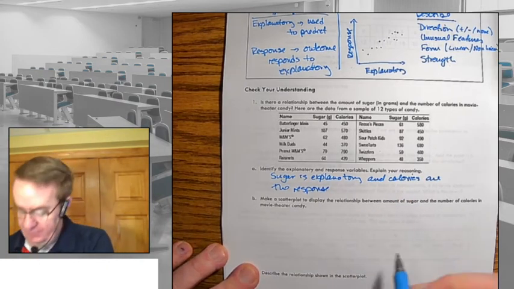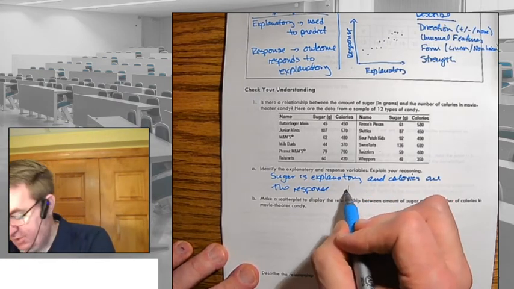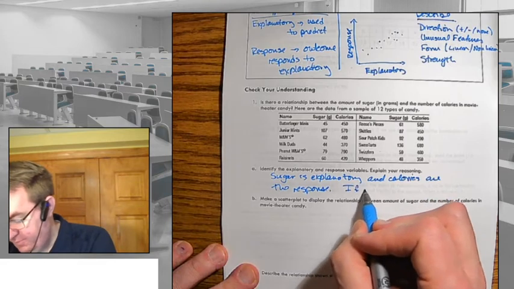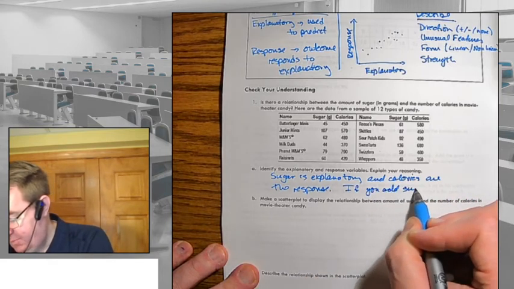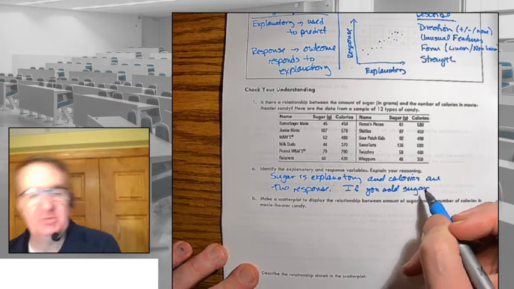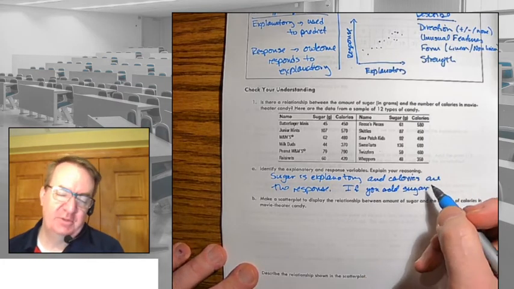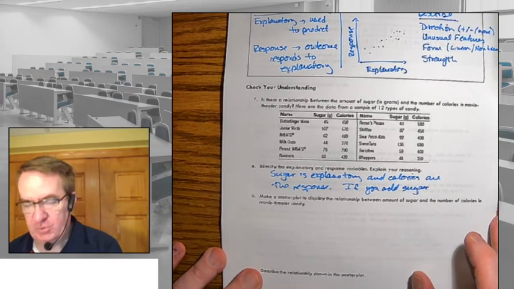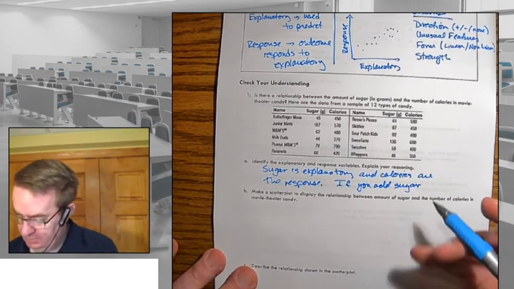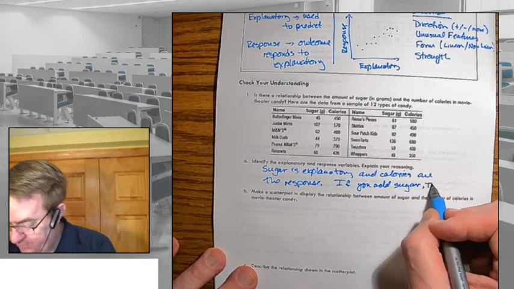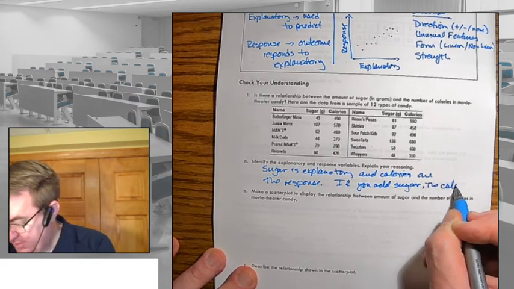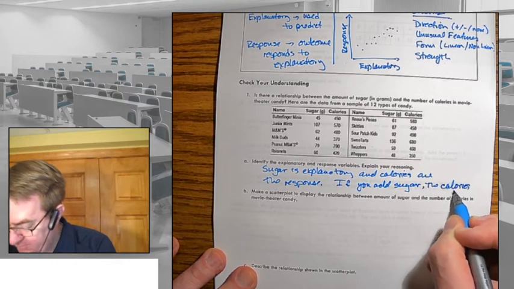Explain your reasoning. What happens if you add sugar? If you add sugar, calories go up. If we make the calories go up, is it because it's sugar? No, there's other things. There's fat. It's the most likely one. Protein. If you add sugar, the calories increase.